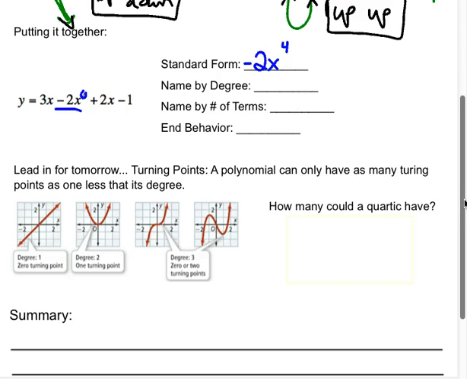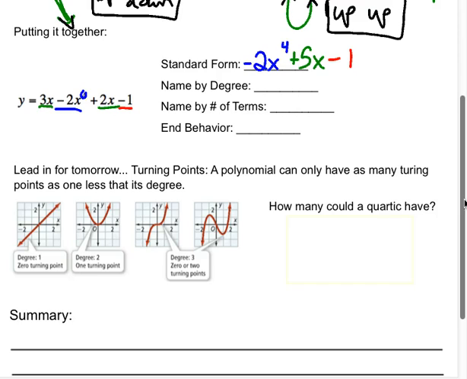Next thing that I see, 3x plus 2x, is I see 5x, and then finally at the end, minus 1. So standard form, again, means combining like terms and writing them in order of highest degree first.